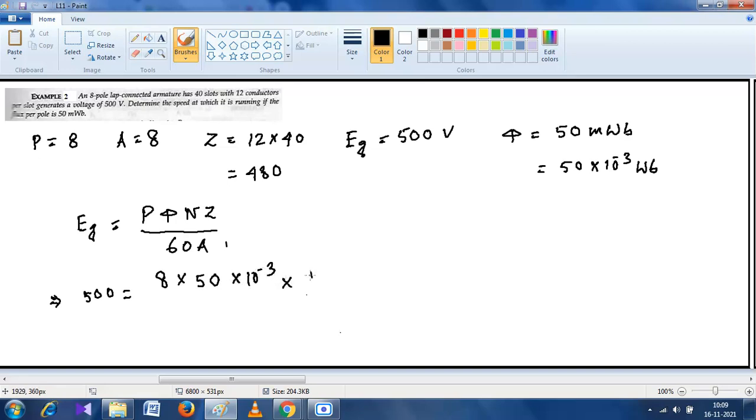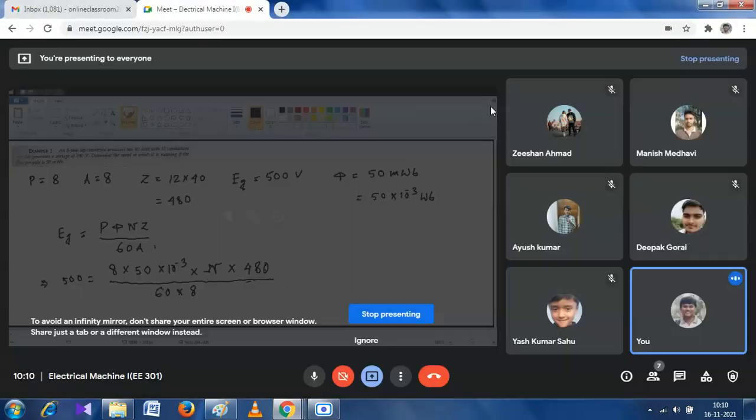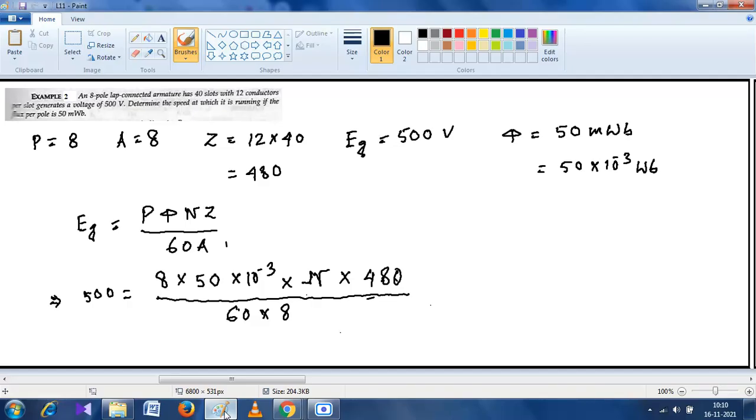And what is the value of N? We have to determine it, so we write N. What is the value of Z? 480. What is the value of A? 8. So calculate it and tell me the value of N.